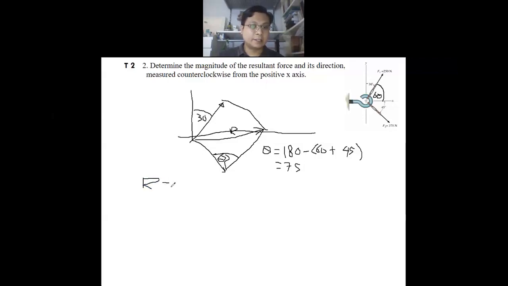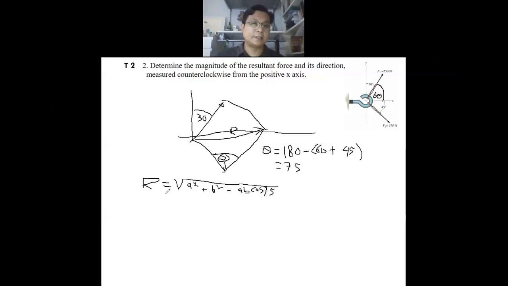So we have R squared equals A squared plus B squared, and then negative 2AB cos 75.